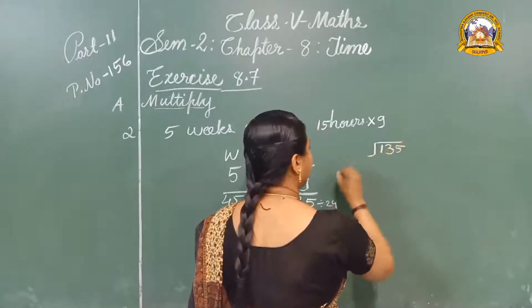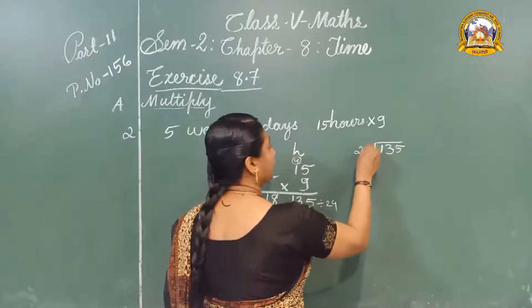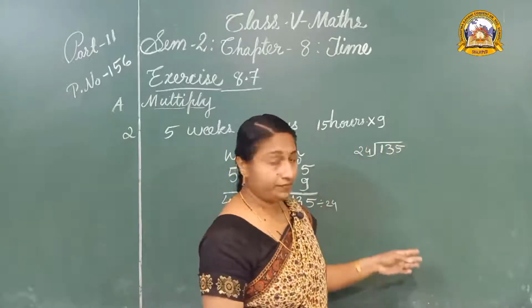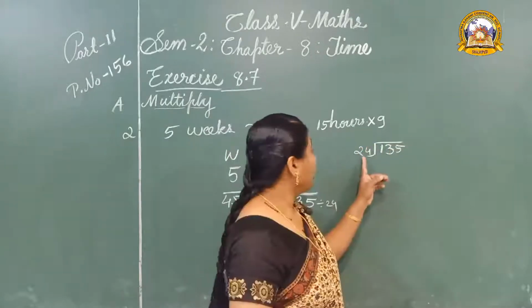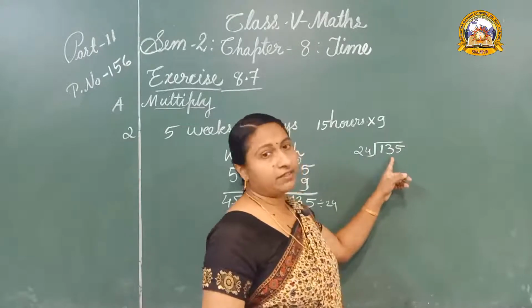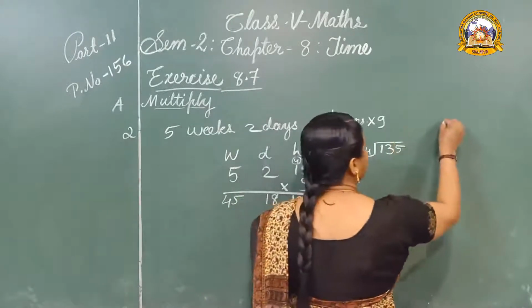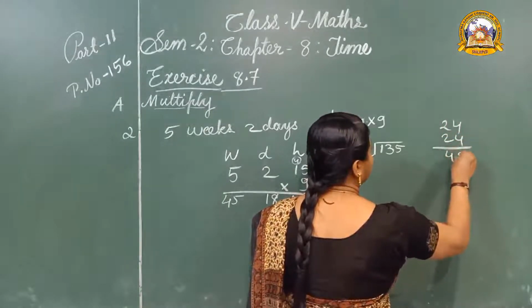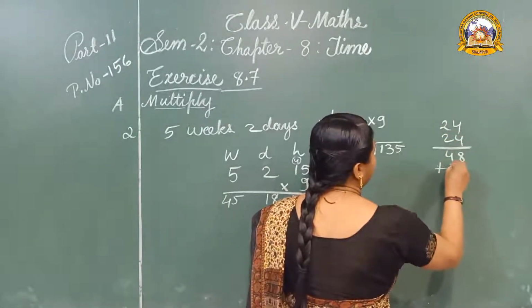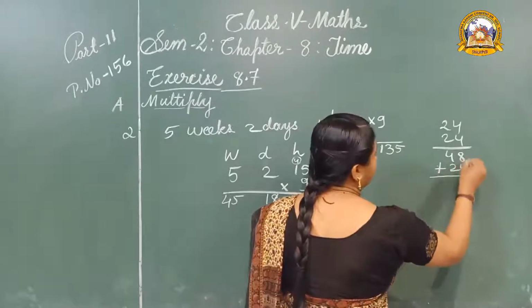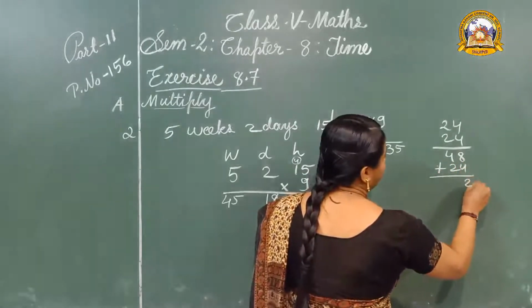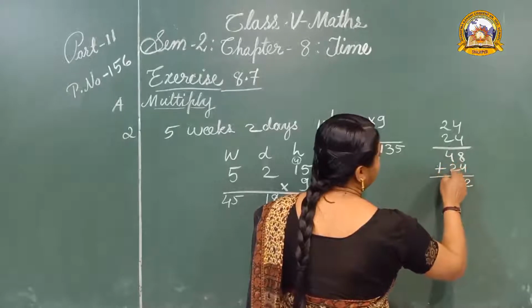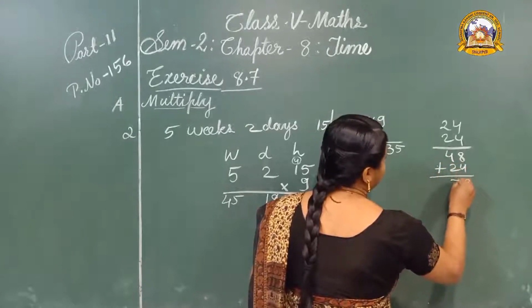Let us divide 135 by 24. Let us check how many 24s are there in 135. Add 24 plus 24, 48. Then again 24, 72.